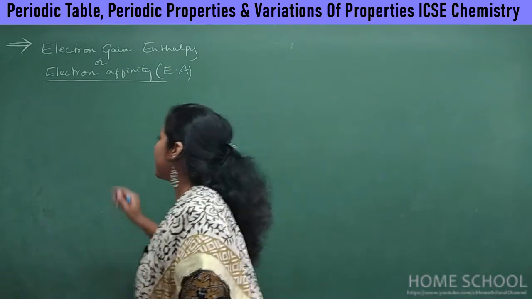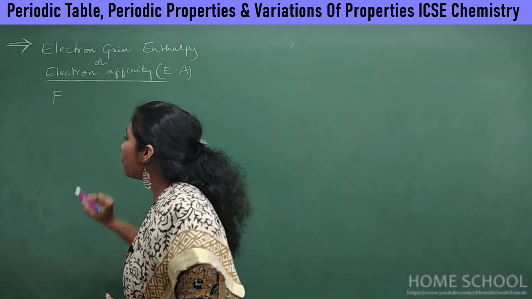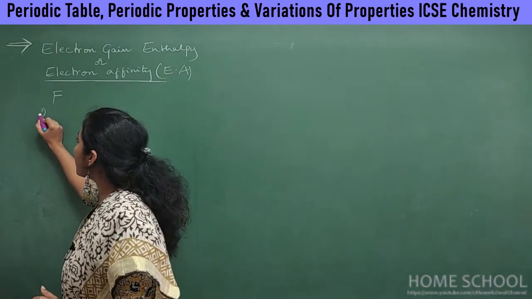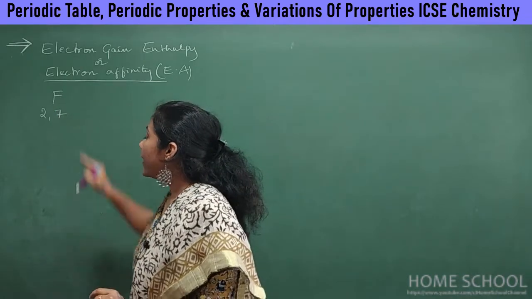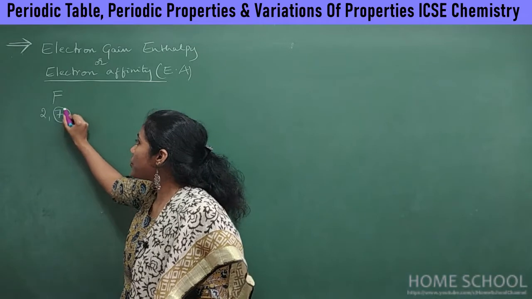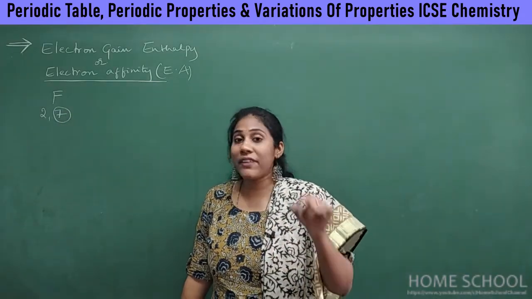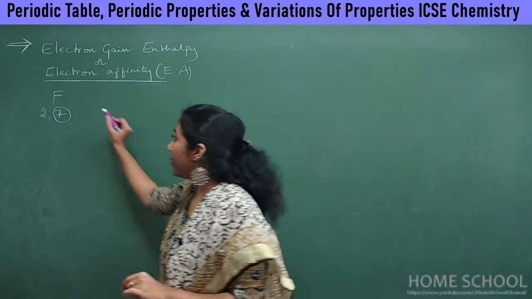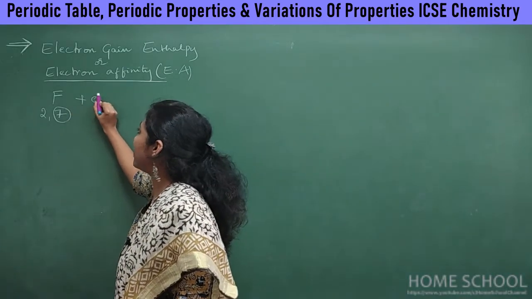Try to understand. Say you have an atom fluorine. What is its electronic configuration? 2, 7. Fluorine is not stable because in its outermost shell you have 7 electrons. When can it become stable? When it has 8 electrons. So fluorine happily accepts 1 electron.